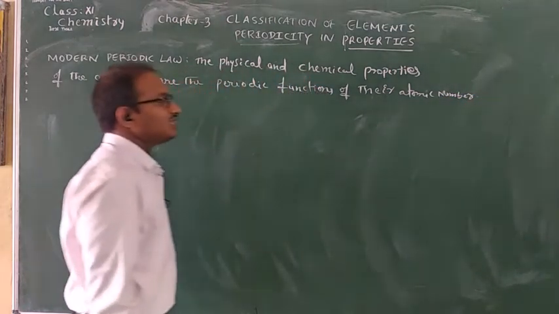That means based on the atomic number, the modern periodic table was designed. This is called the modern periodic law, proposed by Moseley.